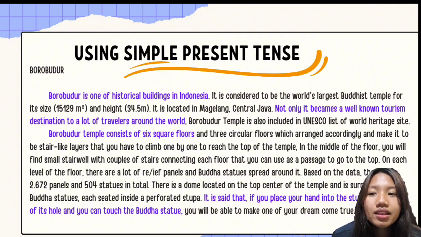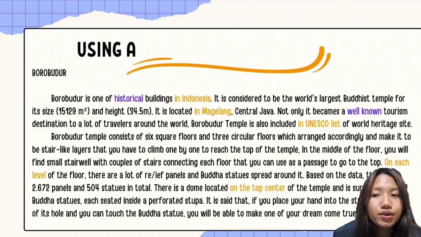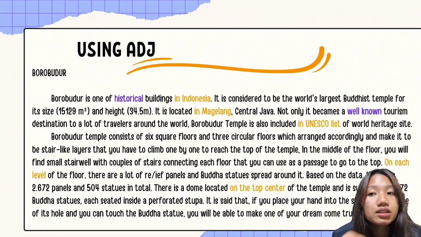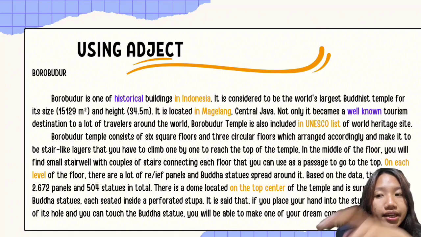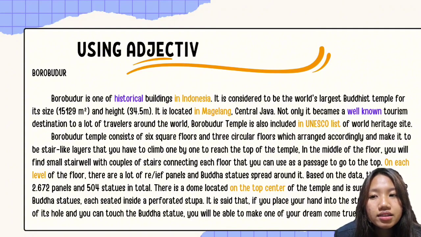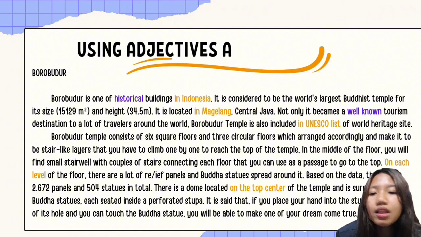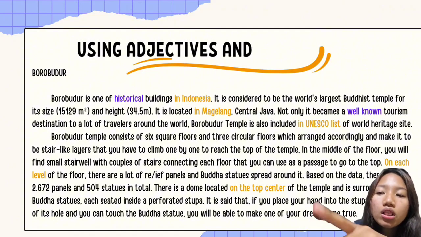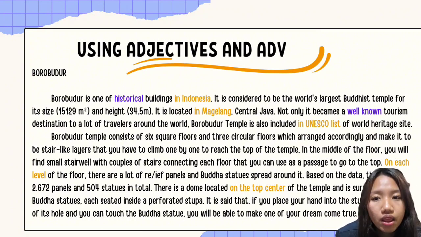Okay, the next is using adjective and adverb. You must know what is adjective and what is adverb. Adjectives, and right here the example is in the color purple: historical and well known.